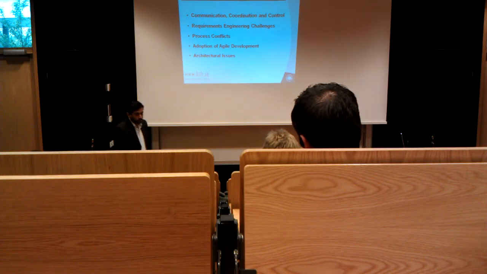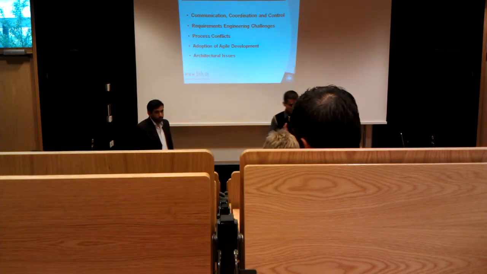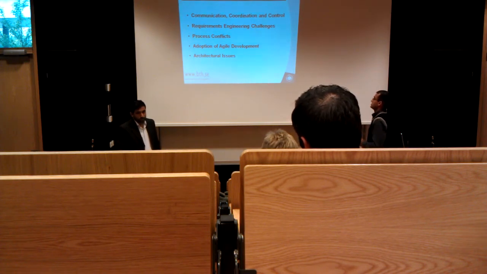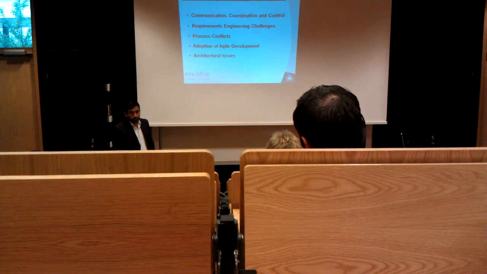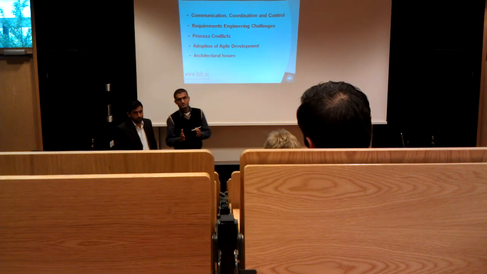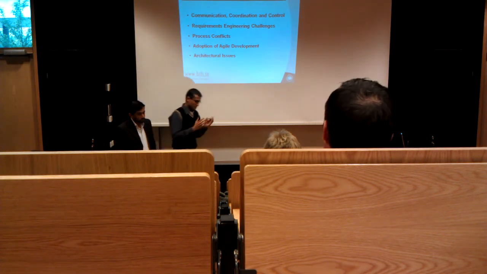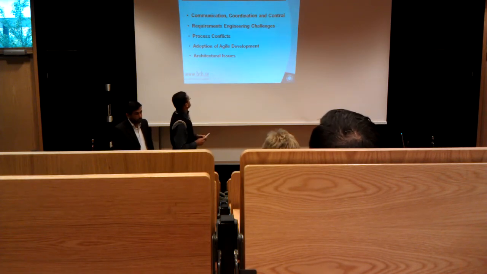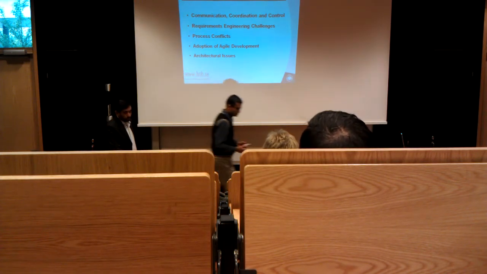We categorized different kinds of challenges by the nature of the challenge we found in the current literature. First, communication: we found a lot of problems in co-located teams and distributed team settings, among different teams, among different stakeholders, and in collaboration across teams and within teams.